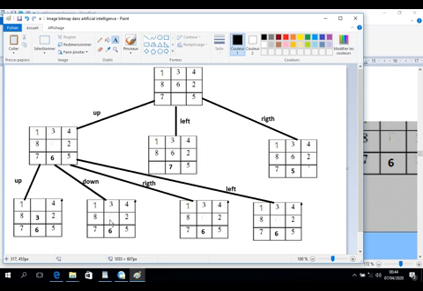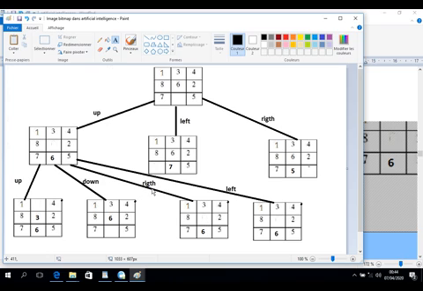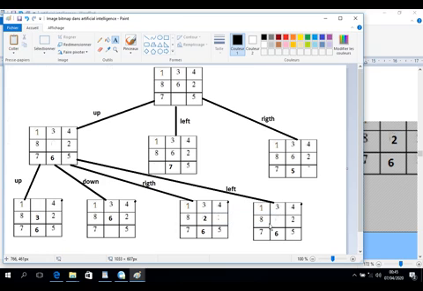Down, if we go down, so 6, and then right, so these 2, and then left.